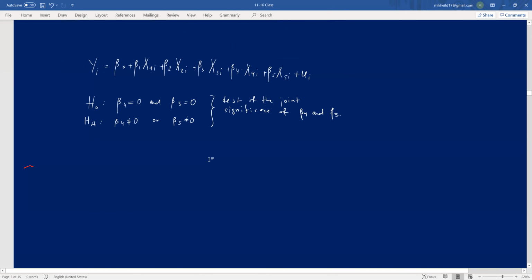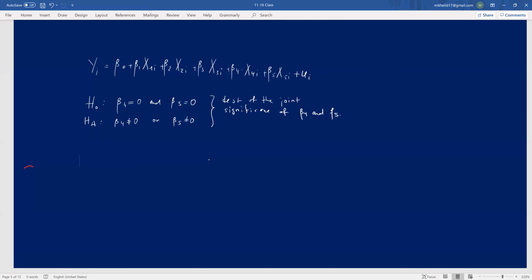So we have two models. We have one model, but this one model generates two models. One is itself, the other one is the restricted model.